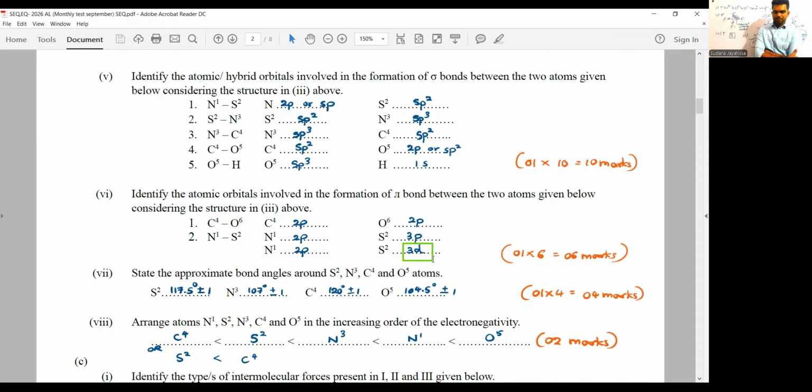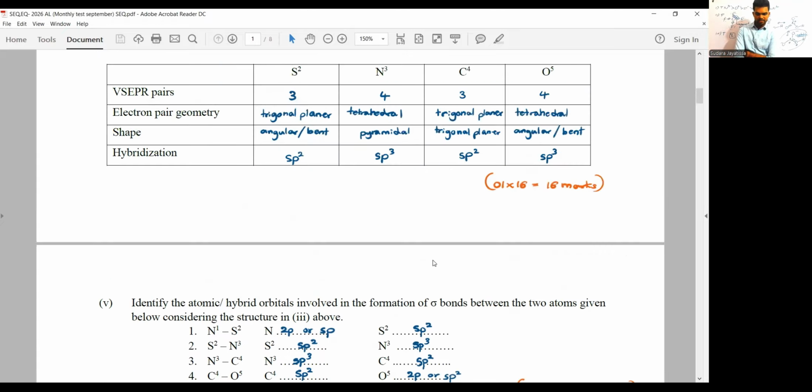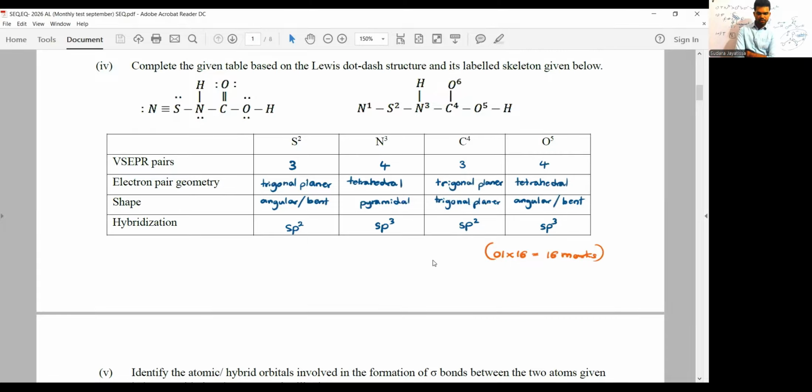Oxygen electronegativity is always higher than other elements. Then carbon has a lower electronegativity, and sulfur has a high electronegativity. And then nitrogen, when you consider nitrogen N1, is sp hybridized. Therefore, it has more electronegativity.